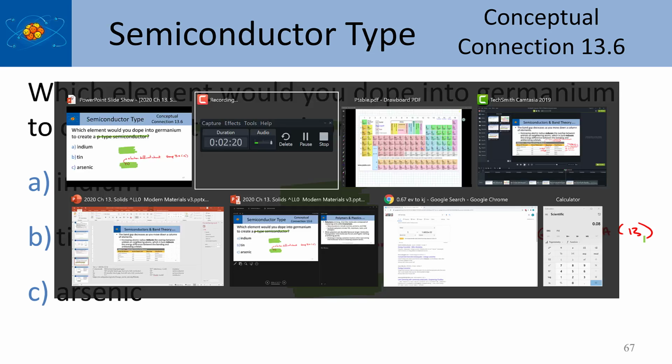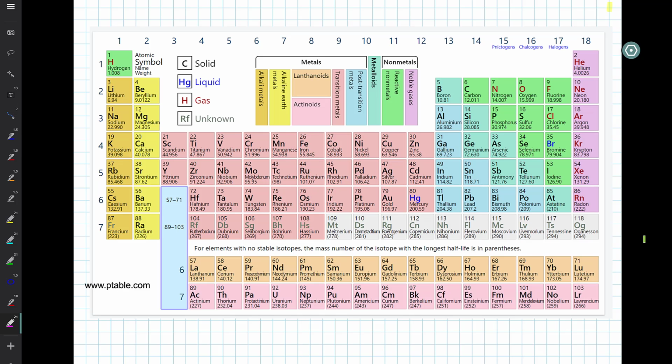So looking at the periodic table, this is group 13 or 3A. So in principle, it's going to be one of these down here, closer in energy to germanium. And so we could put gallium, indium inside germanium potentially and have a semiconductor that creates a hole in the valence band so that the electrons can move.